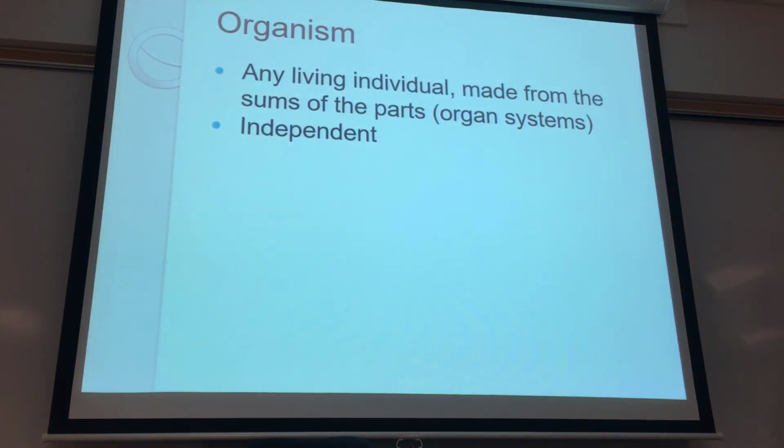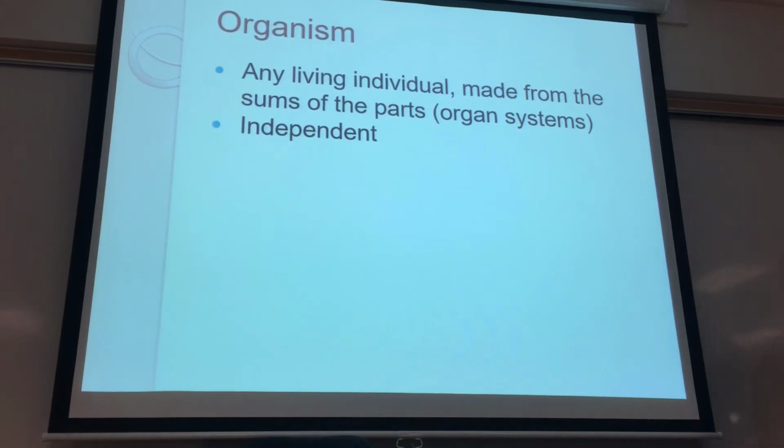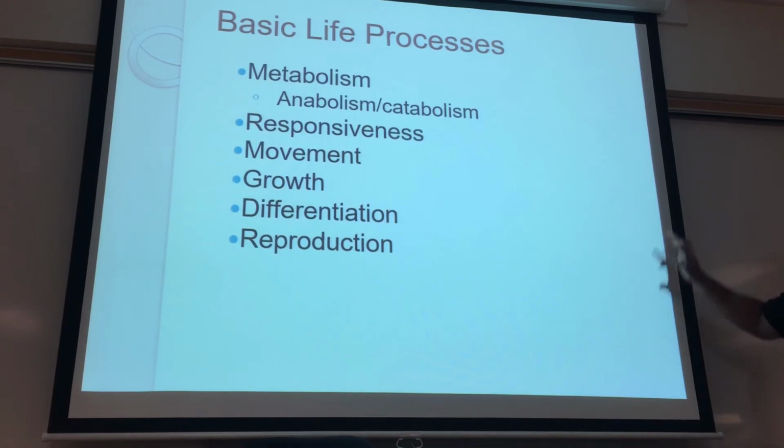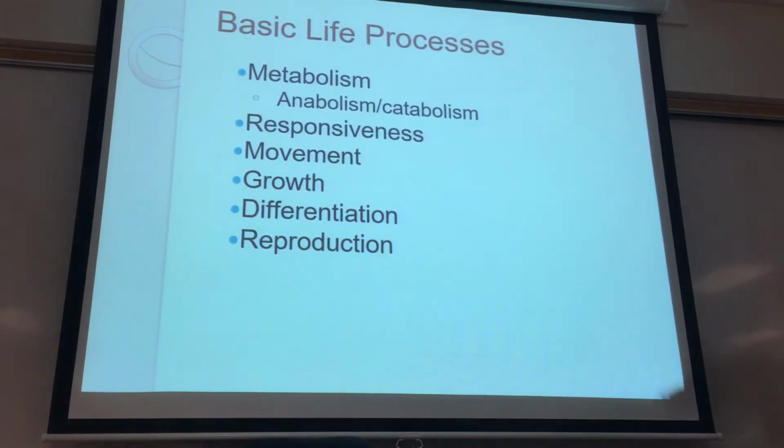Then once we put those organ systems together, now we have our organism, an independent being able to sustain its own function through the sum of its parts. Put it all together, we get one organism. So when we break all that down, when we look at all those cellular processes, each of these organ systems is contributing to one or more of these functions.